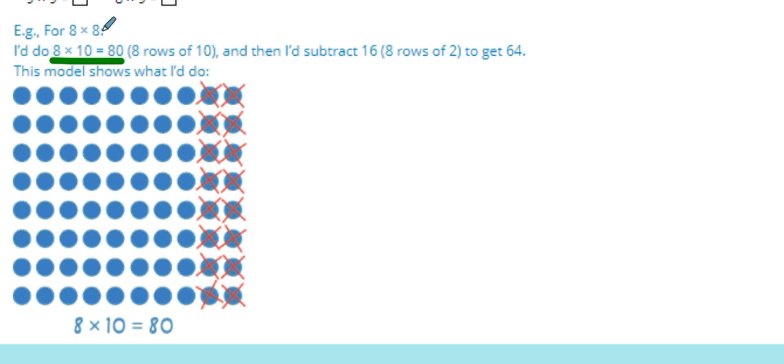But because we're only looking for 8 times 8, we're crossing off the last 2 in each row. We don't want 8 rows of 10 each, we want 8 rows of 8 each. So we're getting rid of 2 in each row. So we're getting rid of 2, 4, 6, 8, 10, 12, 14, 16. All right, so there were 80.